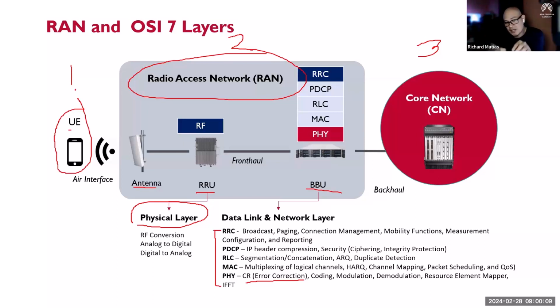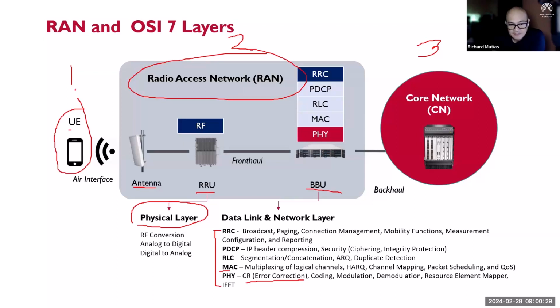So where are those number of bits located in the spectrum resource? And then you have the multiplexing, the medium access layer, where you are combining different signals coming inside the cell site.